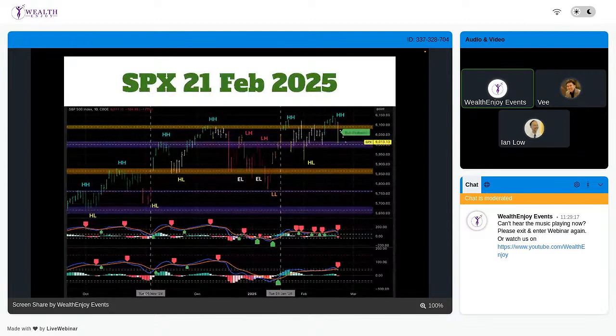I captured this chart after yesterday's SPX market close, and you can see that generally it is on an uptrend, right? Making higher highs, higher lows, higher highs, and higher lows. But it's been struggling recently, especially ever since the election, as you can see from this first vertical line on the left.